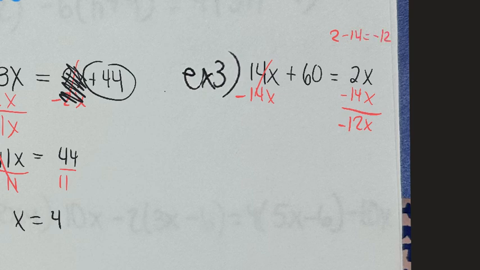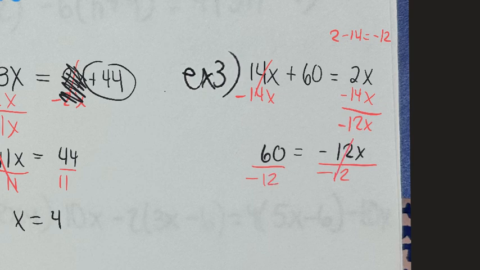Okay, now we're going to rewrite the question. 60 equals negative 12x. What is my next song? The next song is to divide by negative 12. So divide by negative 12, divide by negative 12, cross out, what's my answer?